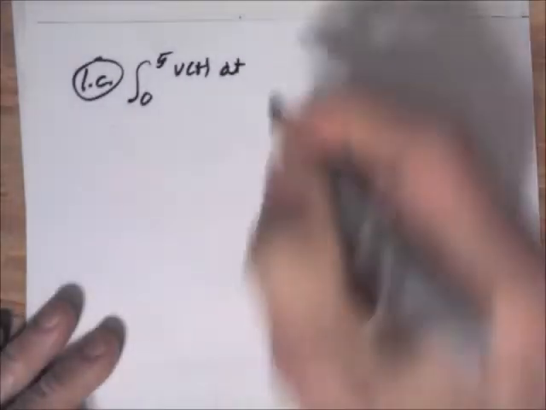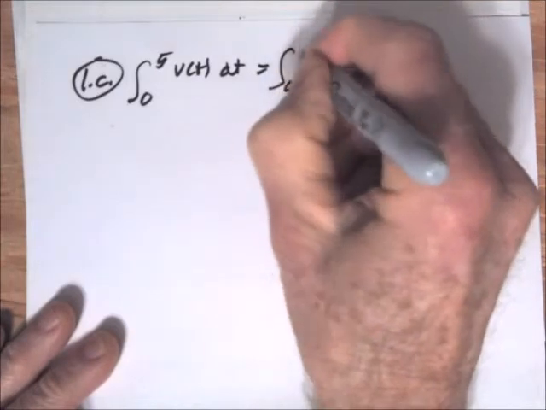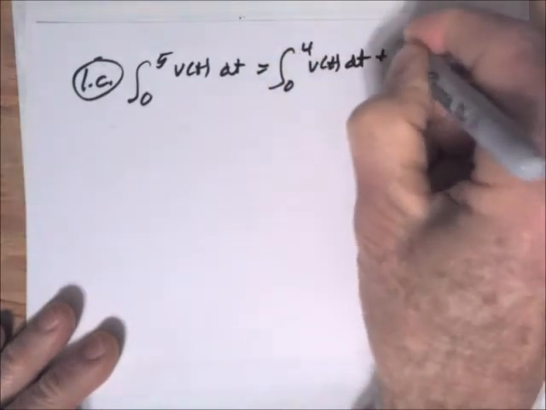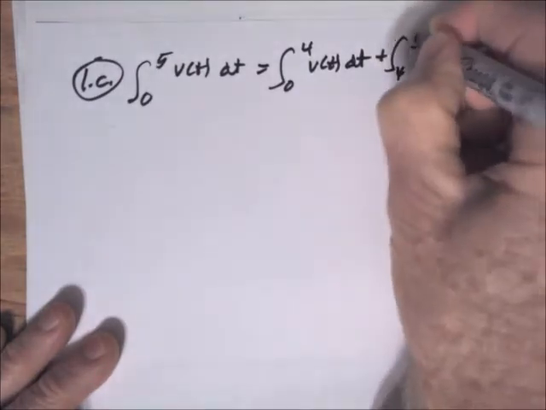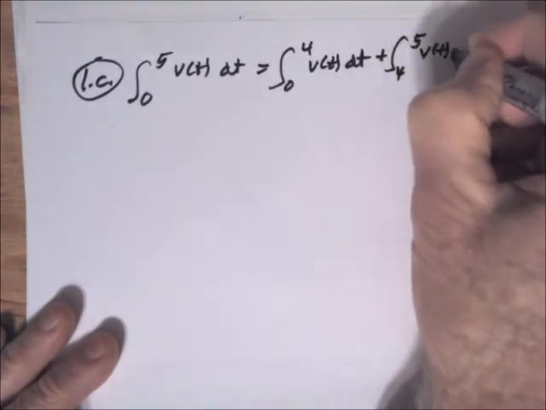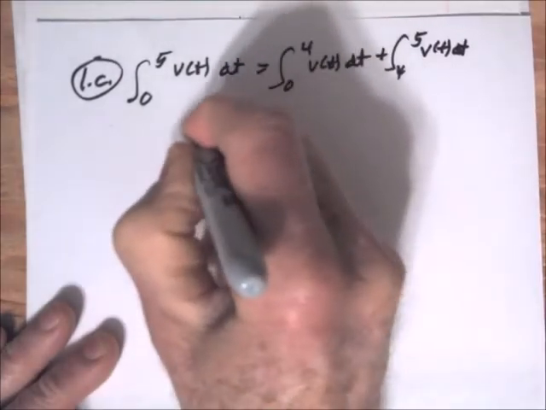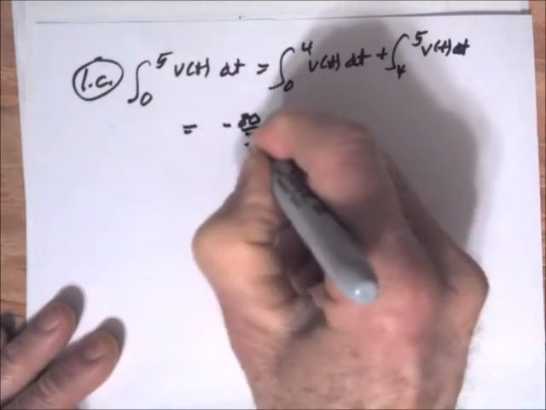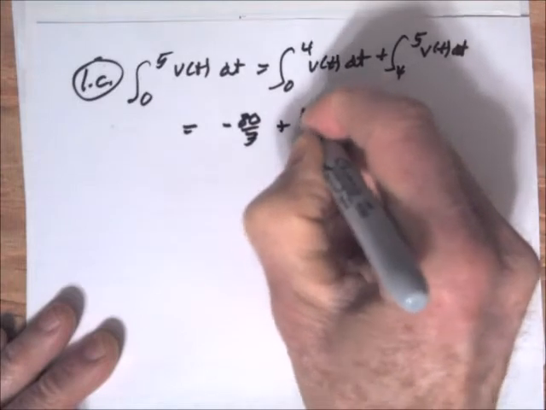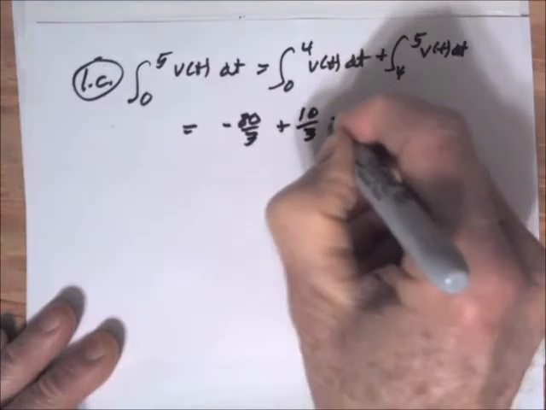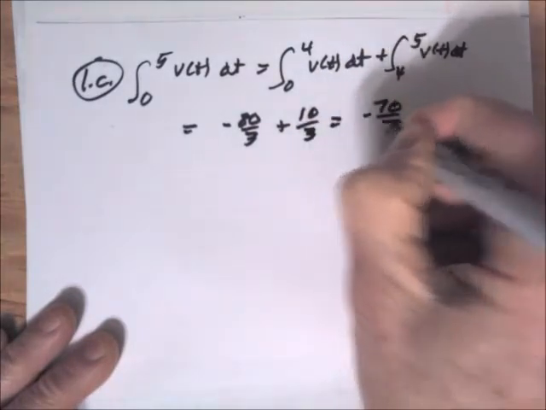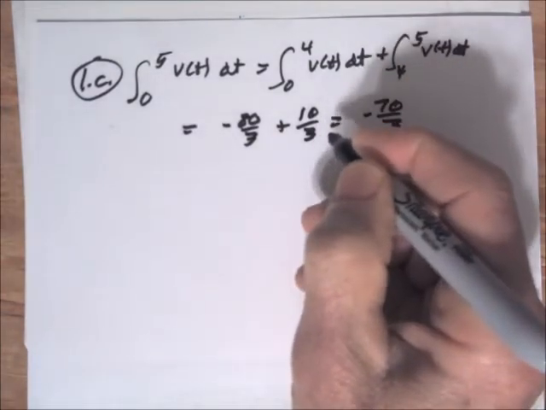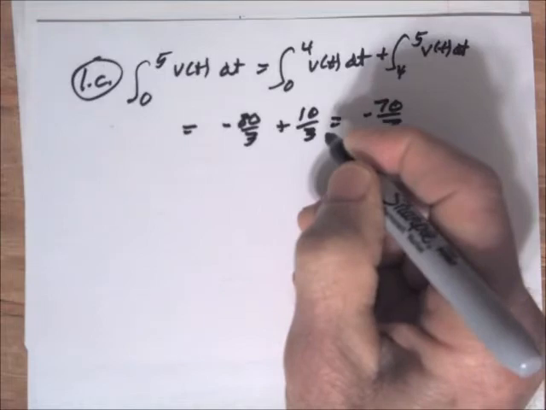We already computed the integral from 0 to 4 and the integral from 4 to 5, so we can just add the results there. This is negative 80 over 3 plus 10 over 3, which would be negative 70 over 3. That's the net displacement from time 0 to time 5.